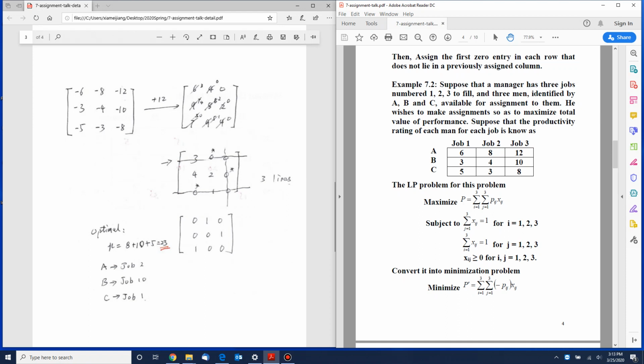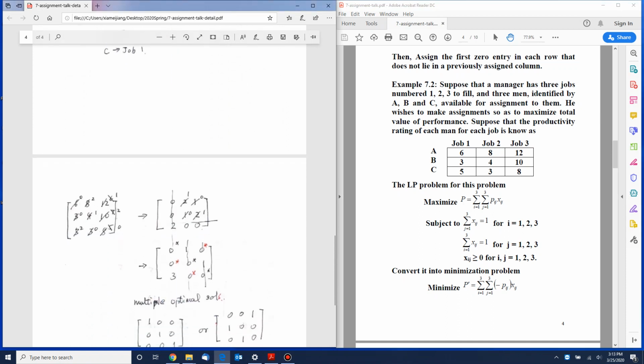Now what if you don't do it this way? You just say, oh, I don't know this. Sometimes people just say, oh, this is an assignment question, so I just use the method to solve the assignment problem.